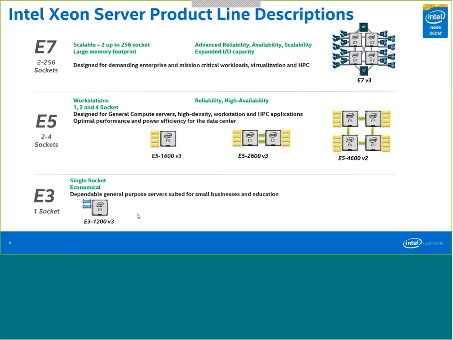So I would highly suggest the E7 for anybody that wants a very large memory footprint, and just don't load up that last channel to maintain your higher bus speed on the memory. And lastly, the E7 has the top-of-the-line RAS features, about 75% more than the E5 will, and it's more designed for virtualization, HPC, and critical workloads.